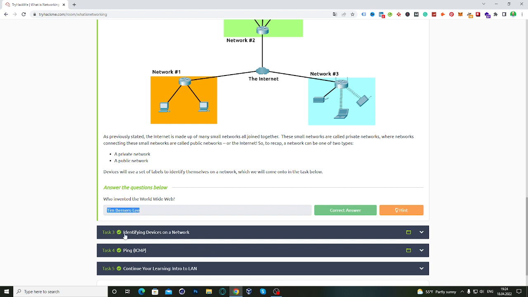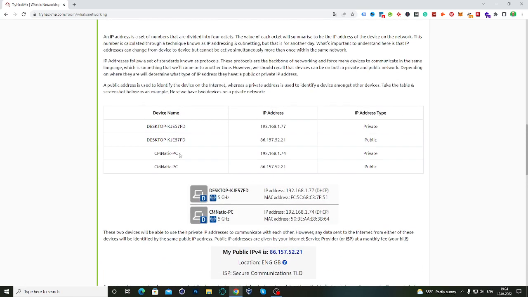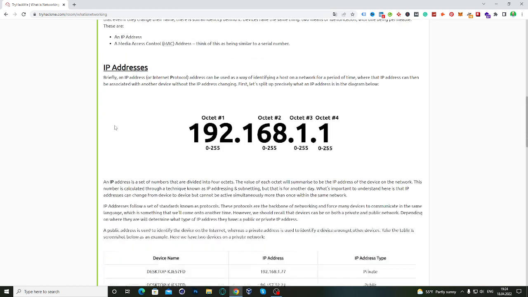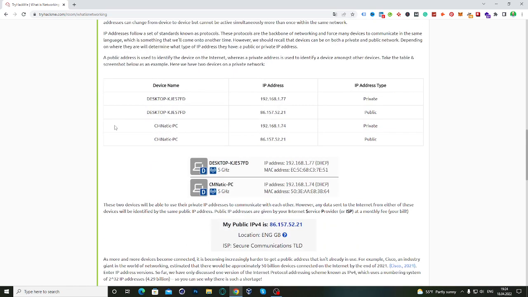Identifying devices on a network. That's a fundamental skill for networking. Every computer which connects to the internet has an IP address, or maybe you can't connect to the internet, but you have a small network. Your computer has an IP address and a MAC address. What does it mean?